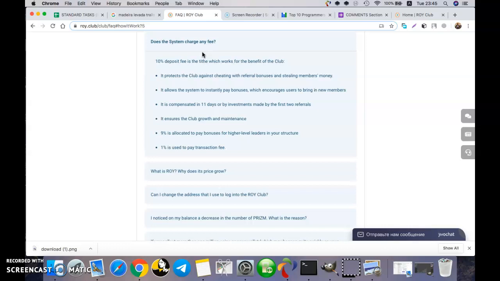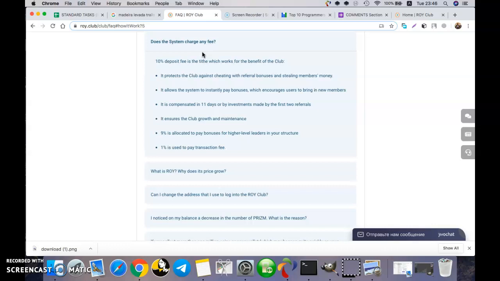So, guys, let's say we're required to deposit a minimum of 100 prisms, right? That's because 10% of any deposit is picked up for maintenance of the club, and also for issuing of bonuses to participants who have built their structure.